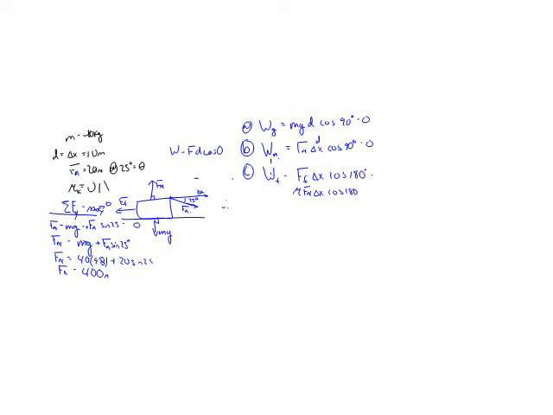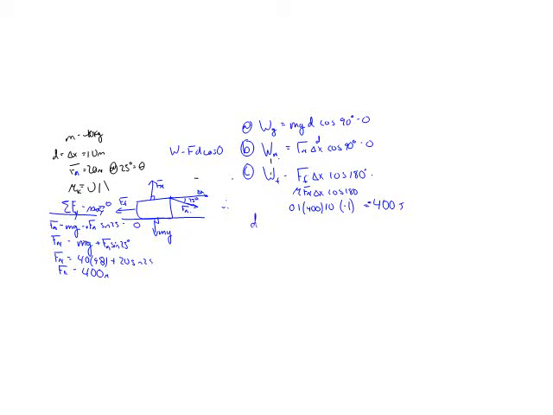Okay, let's plug that into our equation over here. We have mu is 0.1, this is 400, the distance was 10 meters, and this is cosine 180, or negative 1. So 0.1 times 400 times 10 should end up being 400. So the work done is negative 400 joules.